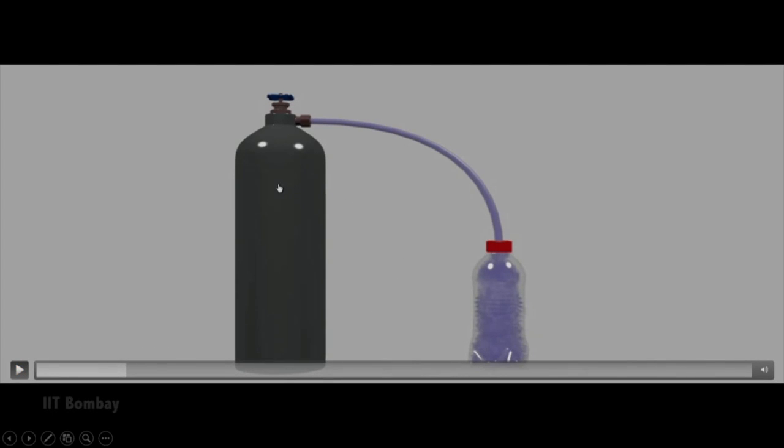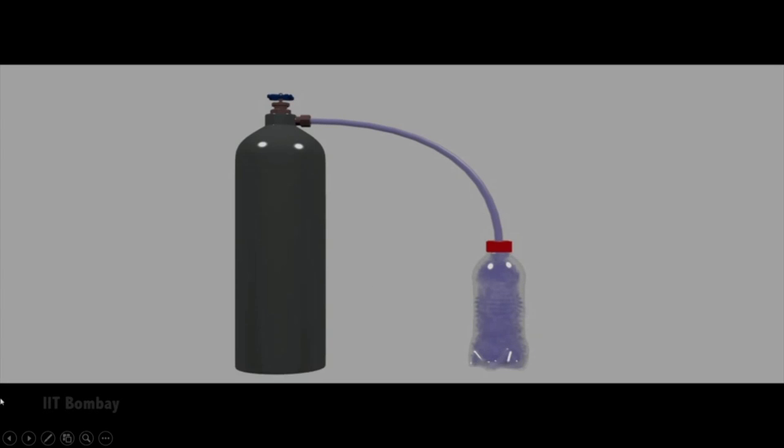So, what I am doing here is, this is a gas cylinder and I am pushing in pressurized gas through this small bottle, and the gas gets transferred to the bottle and it occupies the entire volume of this bottle.